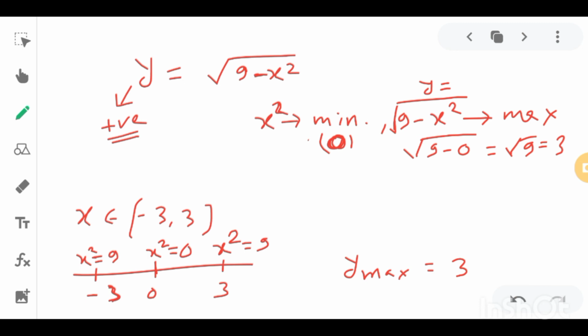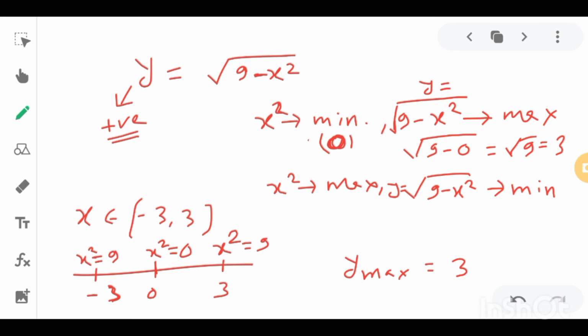And when x square will be maximum, then the square root of 9 minus x square will be minimum. Simple. And the square root of 9 minus x square is nothing but y, correct?